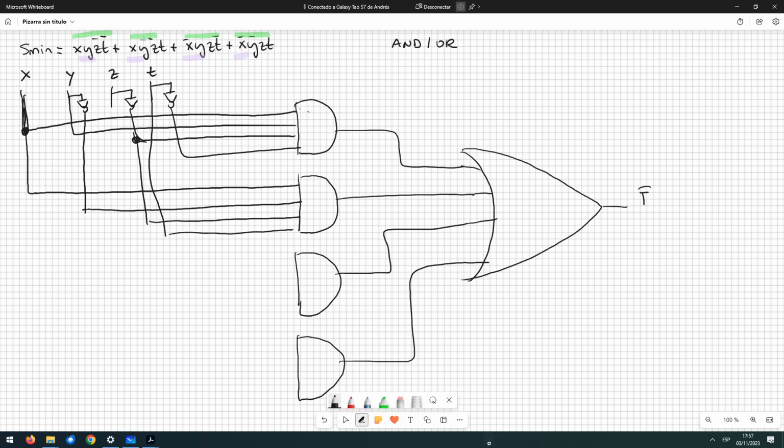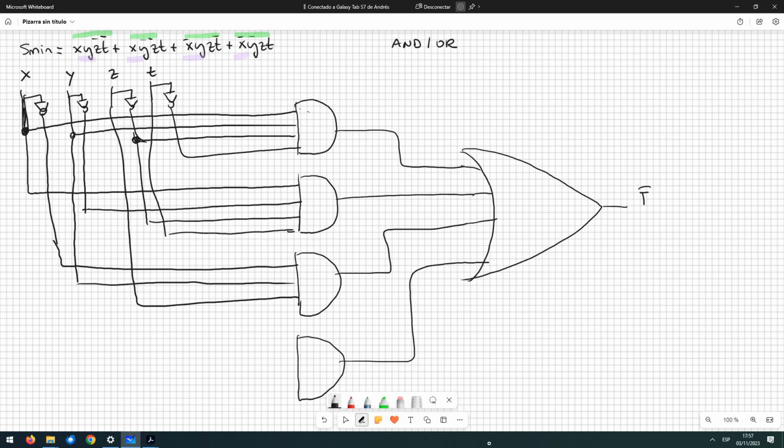In the third AND we need x negated, y, c, and t negated.